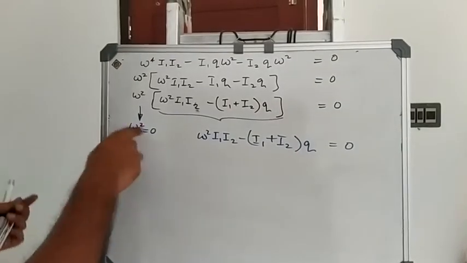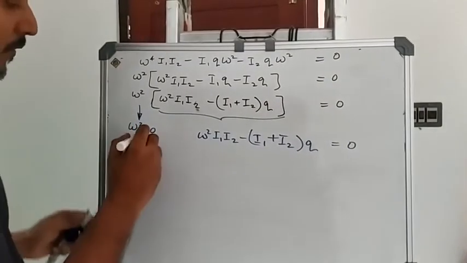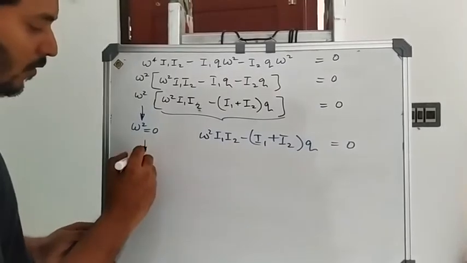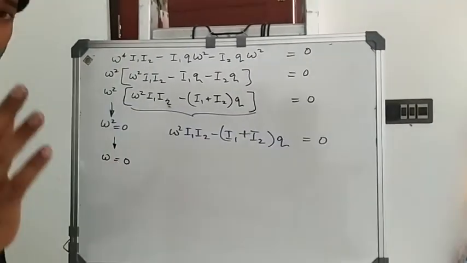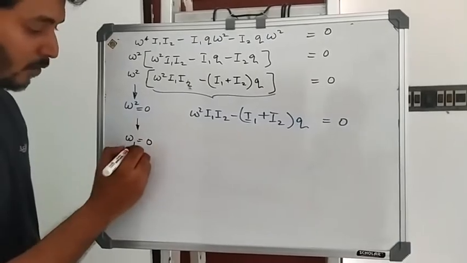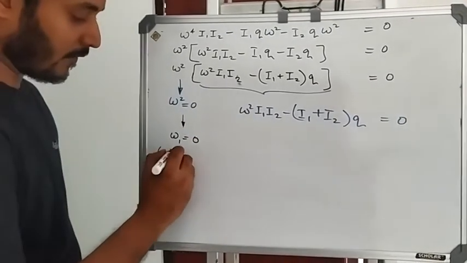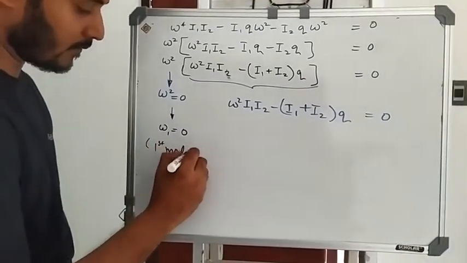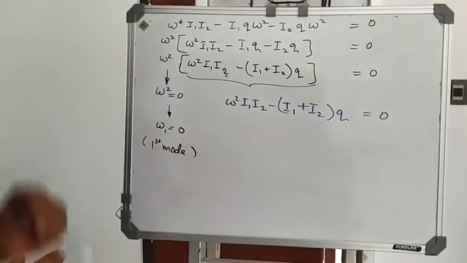Now if omega square equals 0, you will obtain omega equal to 0. This is the first set of solution here. So let us write down, in place of omega, omega 1, which will represent the first mode of vibration, the natural frequency for the first mode.